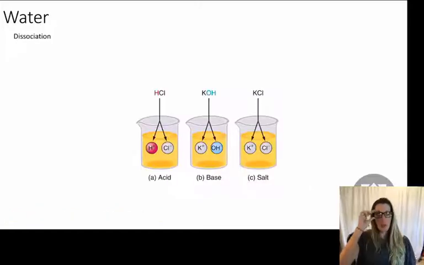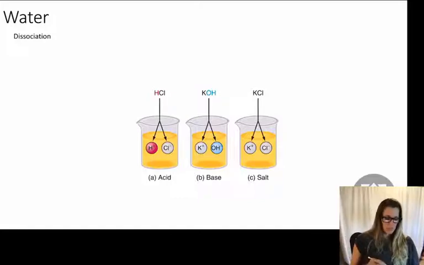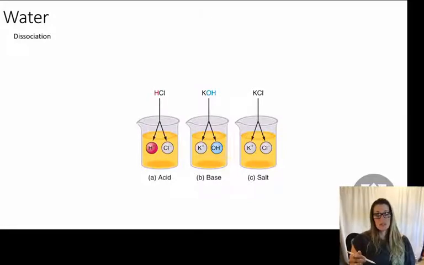Another area where something critical is defined based on its behavior in water are acids, bases, and salts. And so these different things, acids, bases, and salts, they dissociate in water.